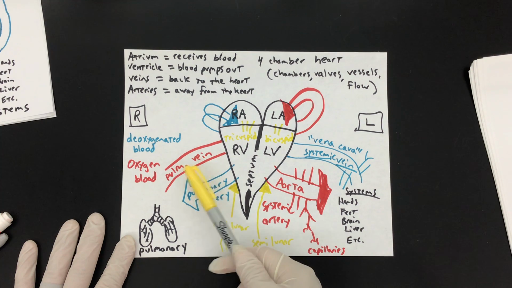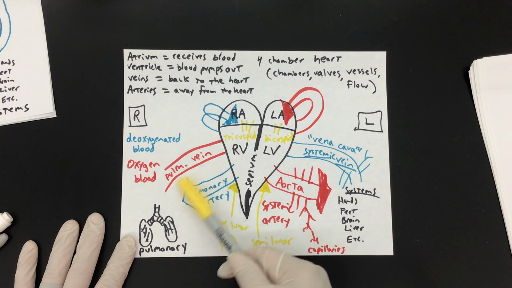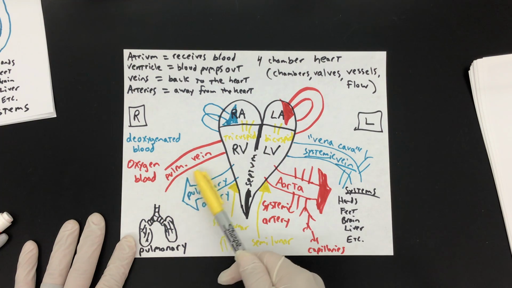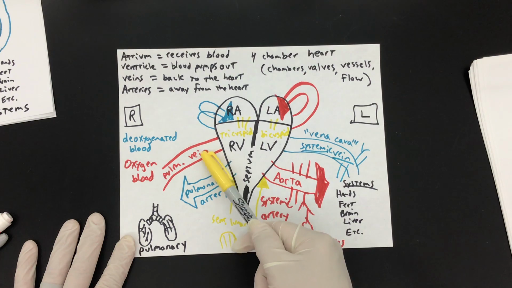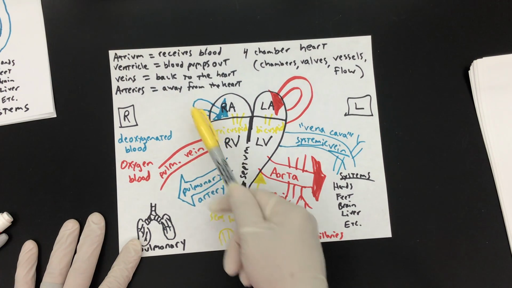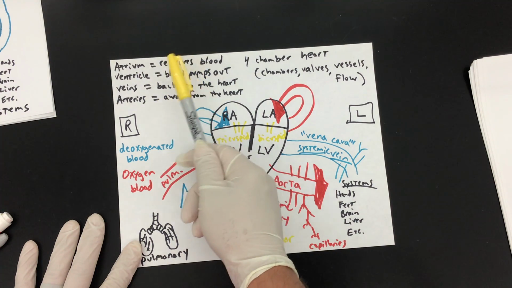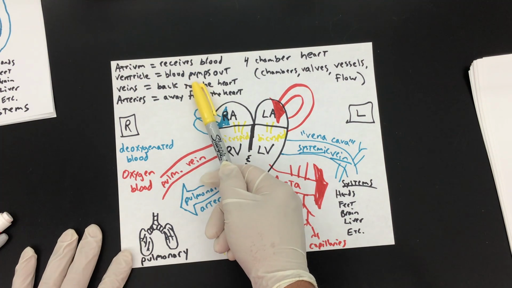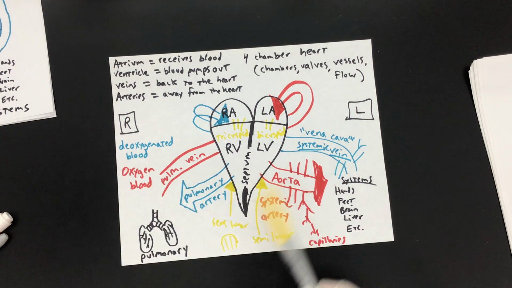That throws a lot of people off because they think veins are usually deoxygenated. But there's one vein, the pulmonary vein, that because it's bringing blood back to the heart, we have to call it a vein. Veins come back to the heart, arteries go away from the heart, atriums receive blood, ventricles pump blood out. Again, you have oxygenated and deoxygenated through the colors here.